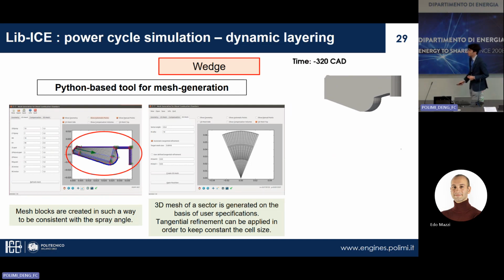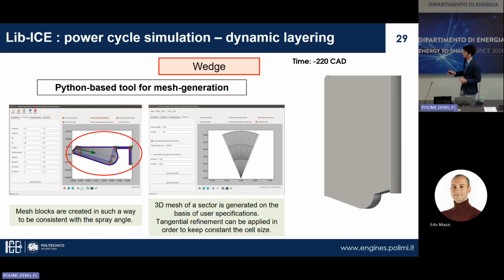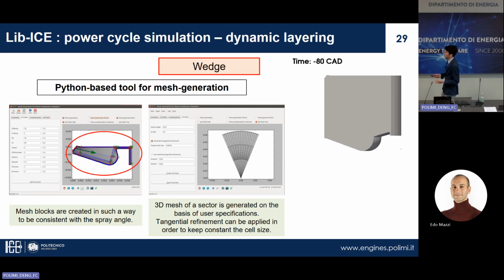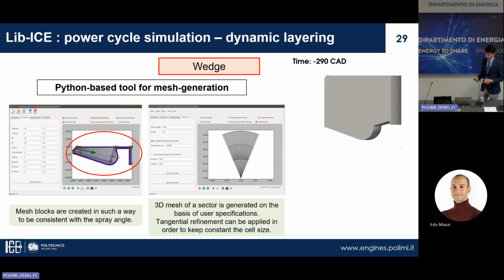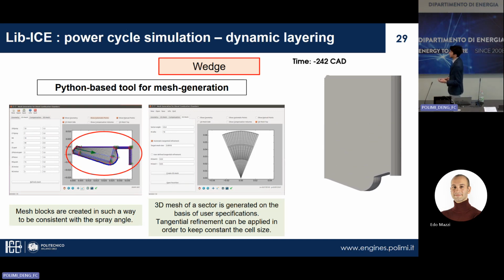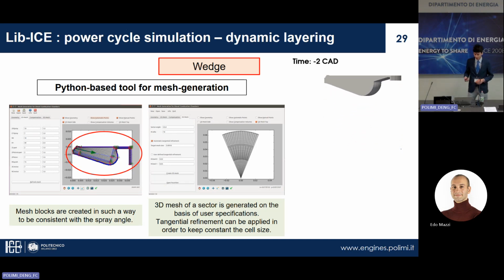Starting from the wedge approach, we have developed internally a Python-based tool for the mesh generation. Basically, it starts from the profile of the combustion chamber, meaning the profile of the piston and the head. Then it's possible to generate the grid in such a way that the cells are consistent with the spray angle, so basically a jet or spray-oriented grid.